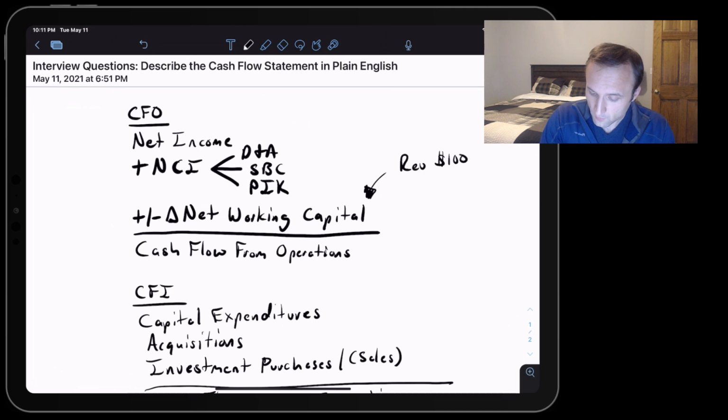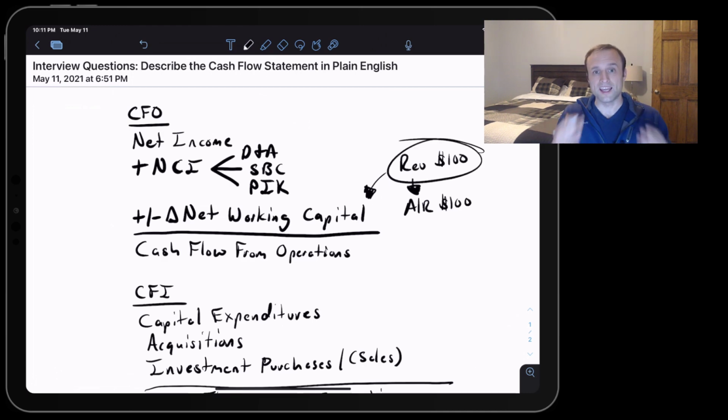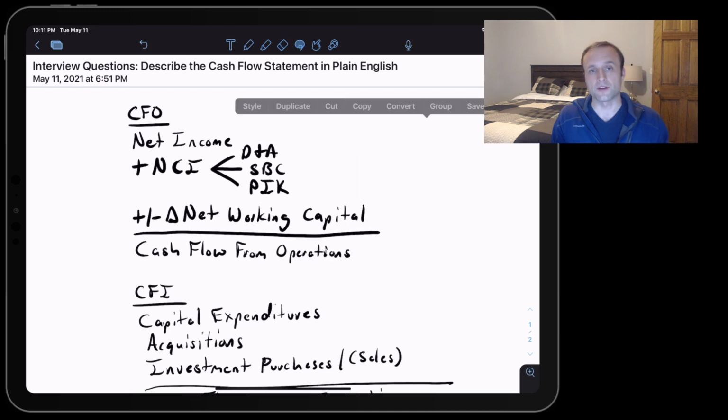In that case, we would create accounts receivable of $100, and that full $100 would be in our income statement, which would flow down to net income. Well, we didn't actually collect that $100, and that has to be ironed out. There are a series of other examples along the same lines. Accounts payable would be a similar concept where we receive inventory, but we haven't actually paid the cash for that inventory. The short story with changes in working capital is that we're further ironing out the disconnects between cash and accrual accounting for all of our working capital items.